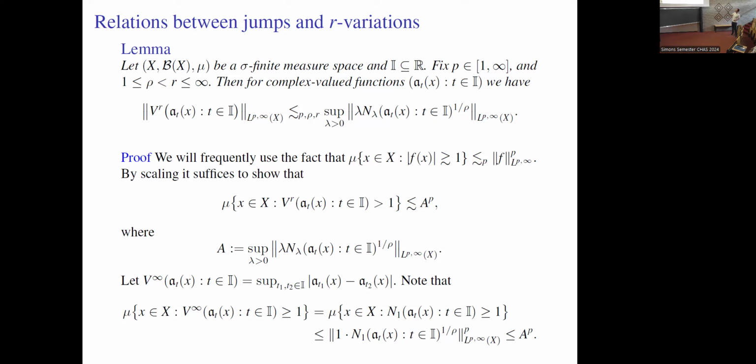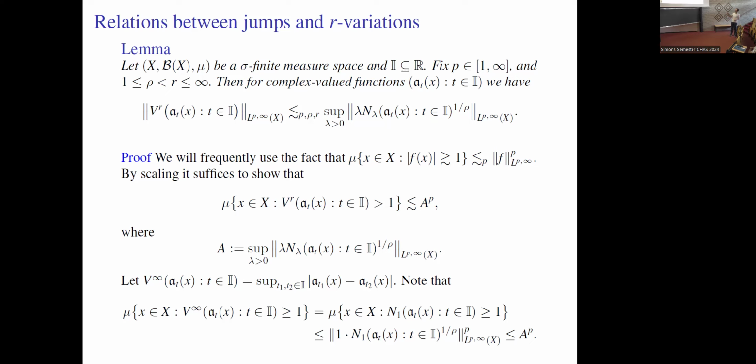We will frequently, at least twice on this page, use this simple estimate, which follows directly from the definition of weak spaces. When we compute the weak L^p norm on the left-hand side, by homogeneity it suffices to take the corresponding parameter, usually lambda, here it should probably be a different letter, equal to 1.